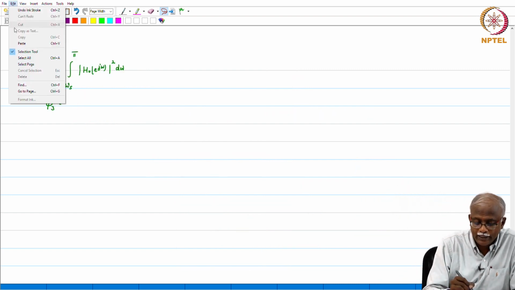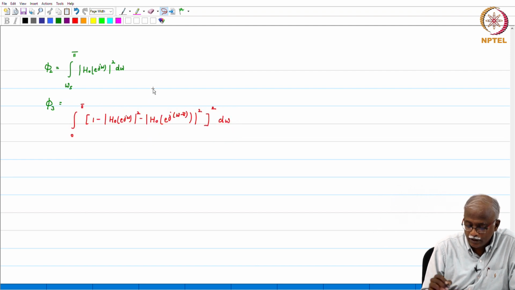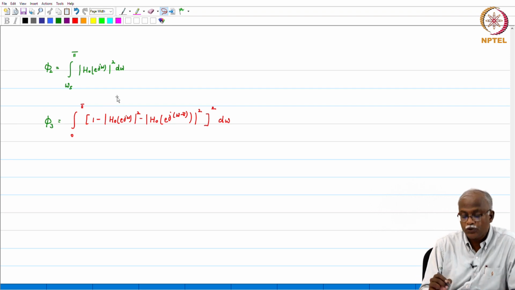Okay, so here it is. So we have these two constraints.